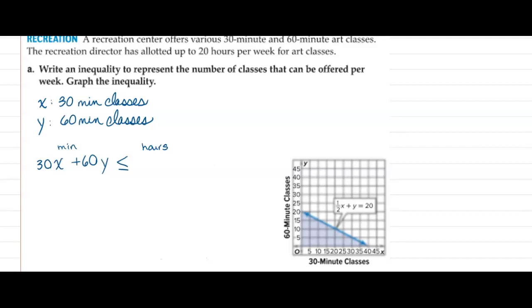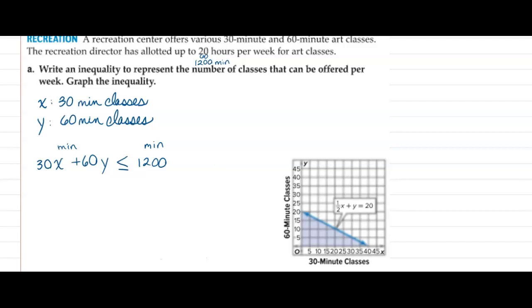One option, I can change this into minutes by multiplying it by 60, and I get 1200 minutes. So now the left side and the right side are both in terms of minutes. Well, why is that unfortunate? Well, because who wants to graph something with 1200 in it?